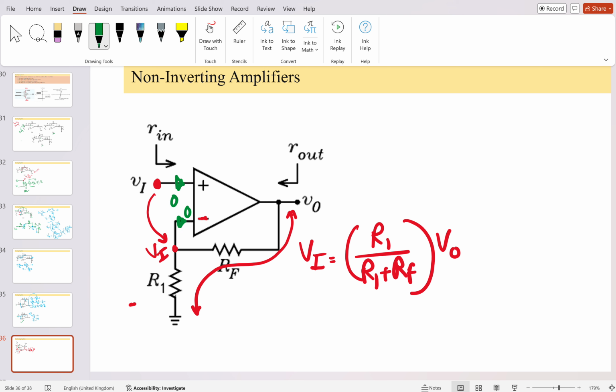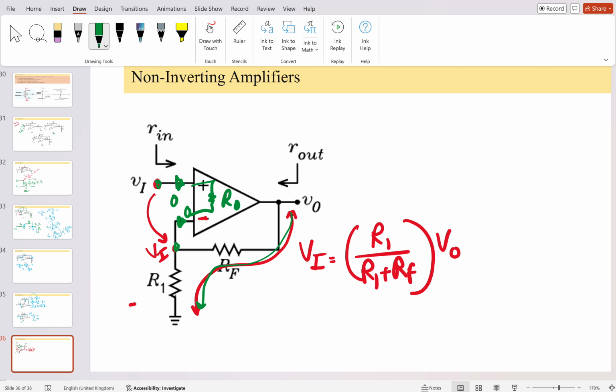As I have told, the internal impedance is very, very high, so the current going into that node is 0. The voltage will simply be reflected here, and you just have to apply the voltage division.